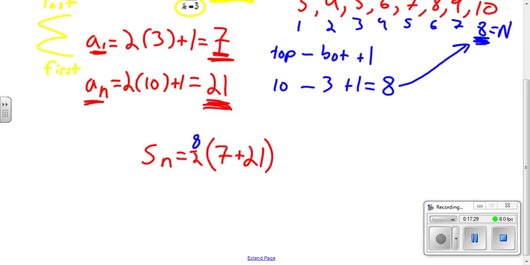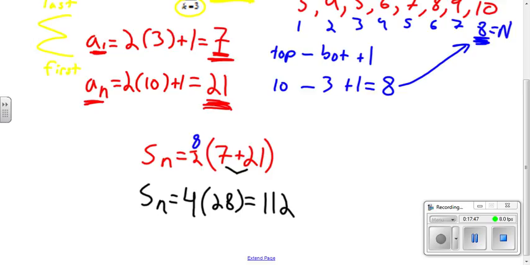Now we have a little bit of simplifying to do. 8 over 2 is 4, times 7 plus 21 is 28. So now we just need to know 4 times 28, which is going to be 112. So technically we know our n value too, so we wouldn't say that it's s sub n, it's actually s sub 8. So we'd say our sum, s sub 8, is 112.